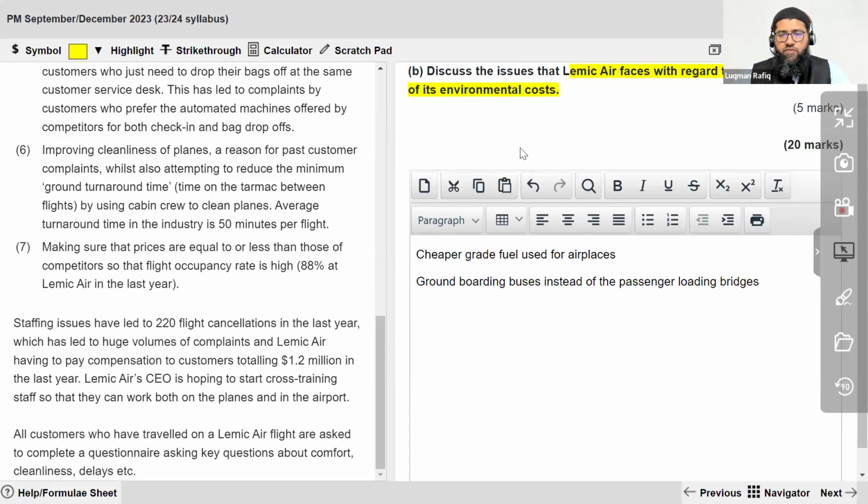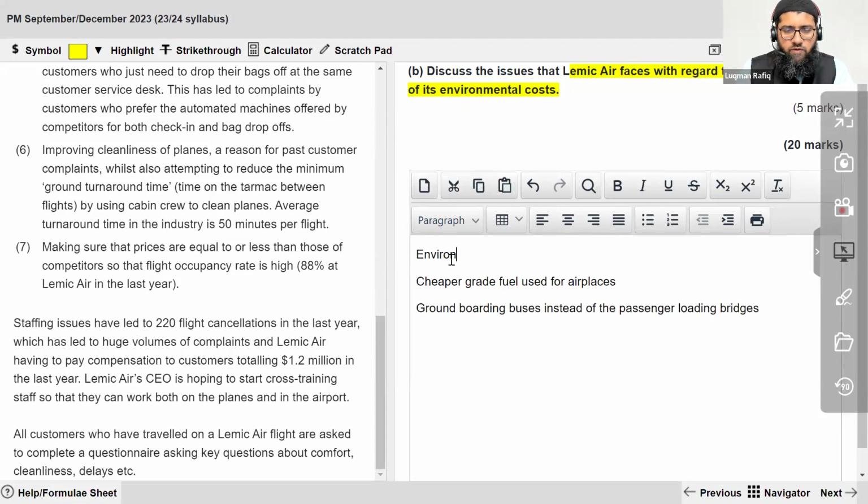Okay. Issues that they face with regard to management of its environmental cost. Here, how are you going to answer? You would suggest what the environmental costs are.